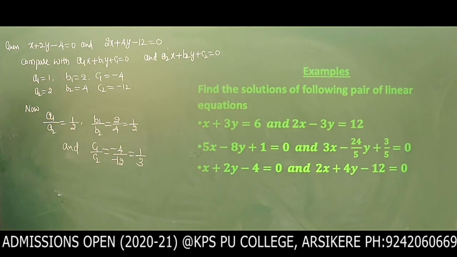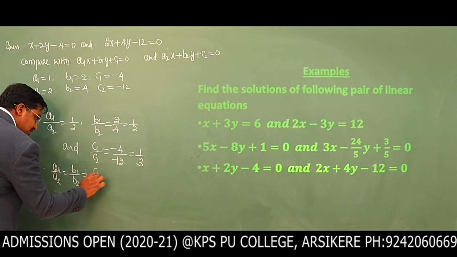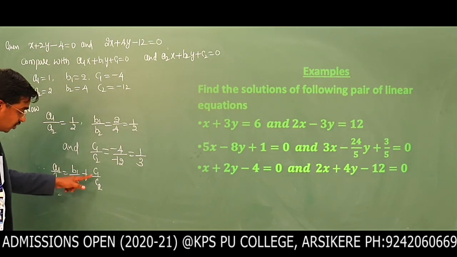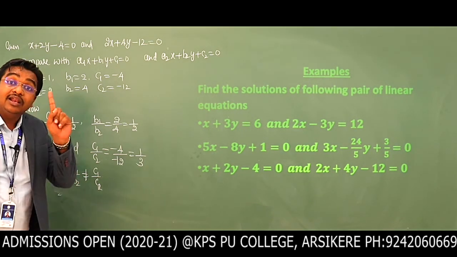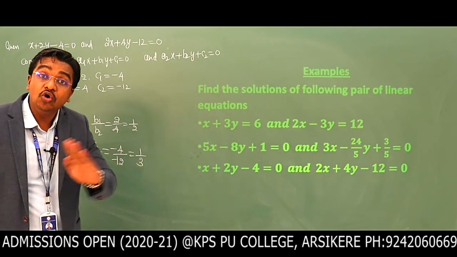Similarly, b1 by b2 is 1 by 2, but c1 by c2 is 1 by 3. Therefore a1 by a2 is equal to b1 by b2 is not equal to c1 by c2. So what do we conclude here? The lines are parallel. Very good. The lines are parallel, hence no solution.